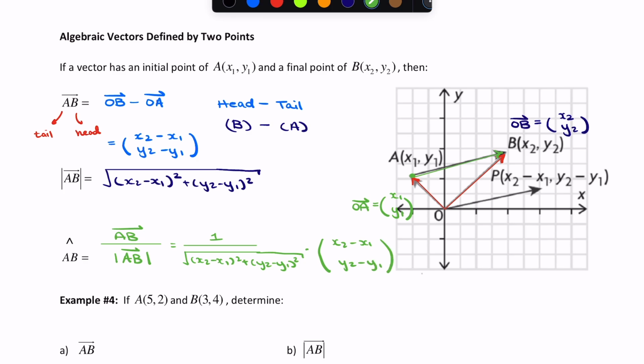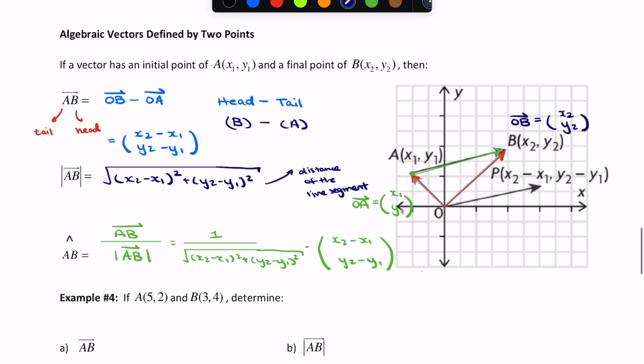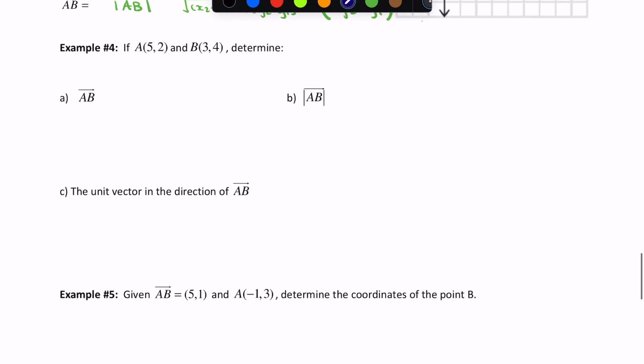And here you may have noticed, again, that our magnitude is the same as the distance of the line segment formula. The magnitude of a vector is the same as the distance of a line segment formula. So example 4 says if A is given (5, 2) and B is (3, 4), determine vector AB.